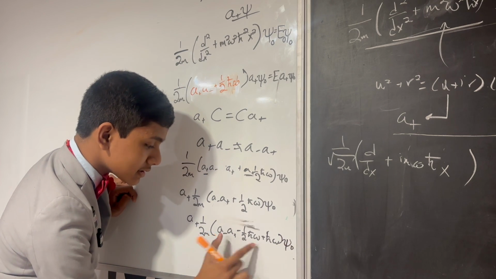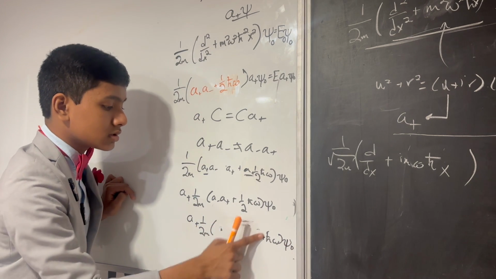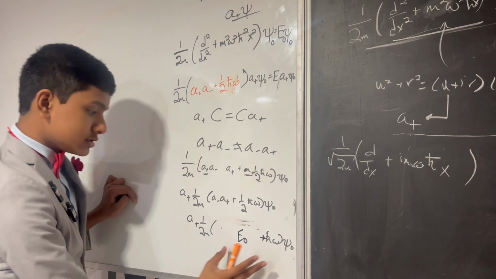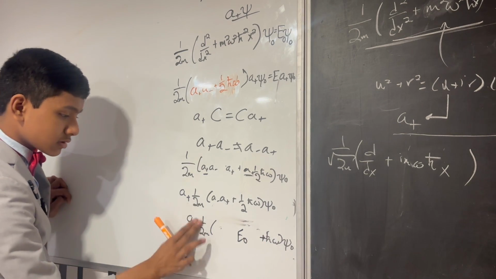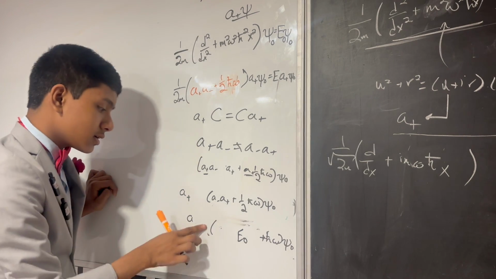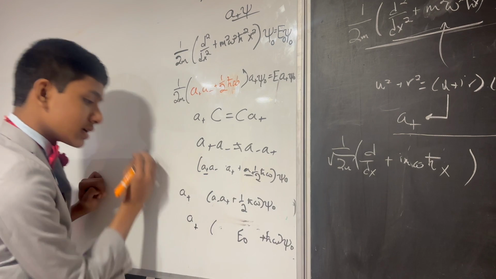Oh, the 1 over 2 has gone away a long time ago. I apologize. And so this gives us that a plus psi naught multiplied by E naught plus h bar omega is equal to E a plus psi naught.